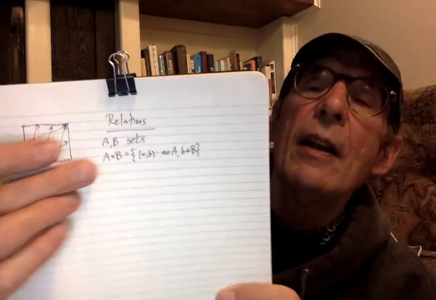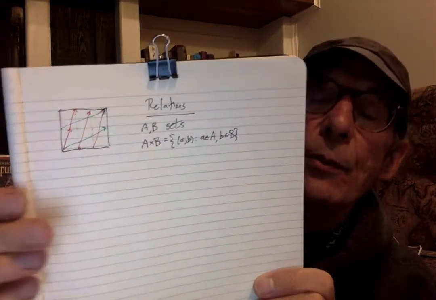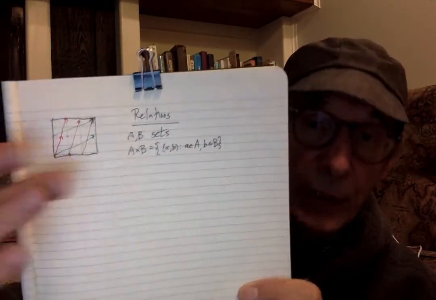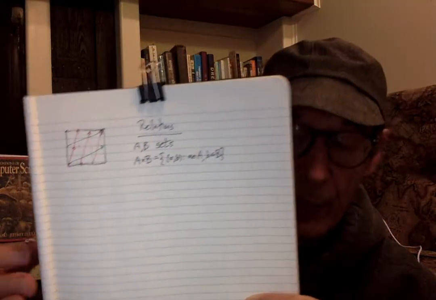You get a couple of sets. That is the definition of Cartesian product. Even if you'd never seen it before, this is what you need to know. And that's a situation where something interesting might be happening.